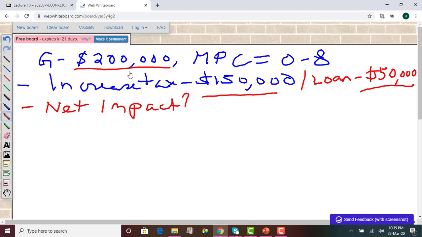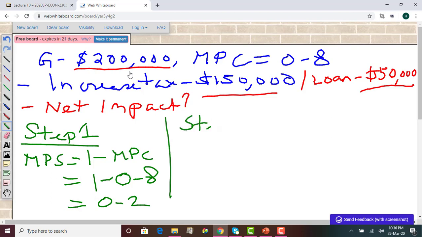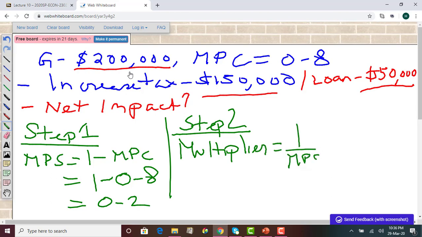Okay, so again, step one is to calculate MPS, which is given by 1 minus MPC, and we know MPC is 0.8, so 1 minus 0.8 is equal to 0.2. Then step 2, we calculate multiplier. The same way, multiplier is 1 divided by MPS, or 1 divided by 0.2, which is equal to 5.